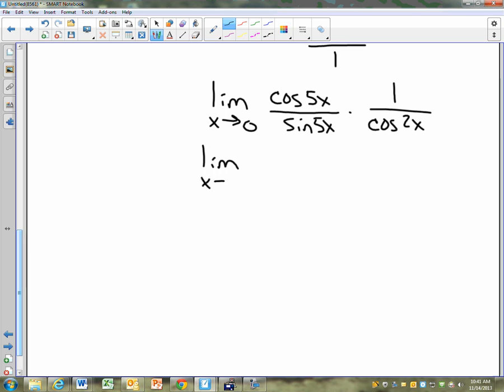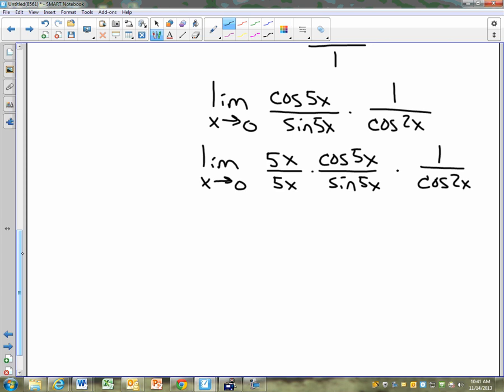Limit x goes to 0 of 5x in the numerator, 5x in the denominator, times cosine of 5x over sine of 5x times 1 over cosine of 2x.